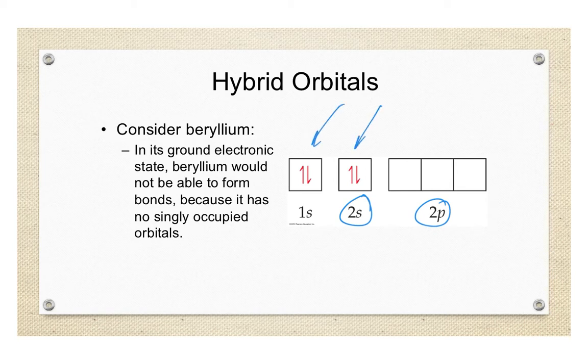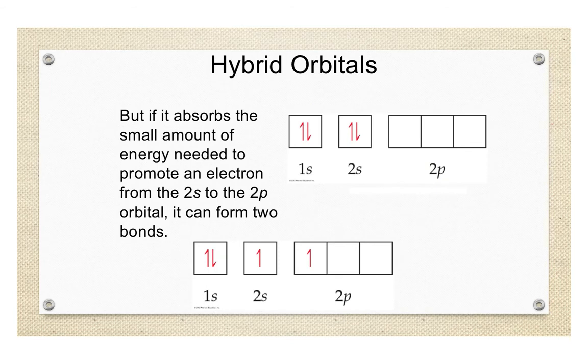They're already paired up. But if we boost the amount of energy in beryllium just a little tiny bit, we can take an electron from the 2s up to the 2p. In that particular case, then, we end up with two orbitals that have one electron each in them.